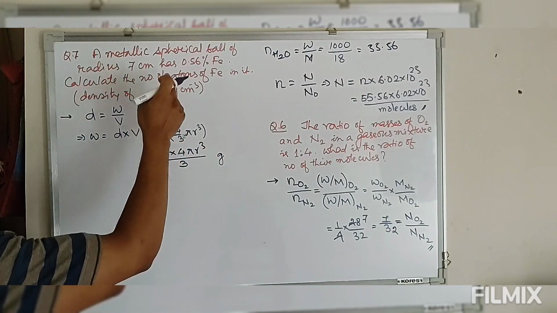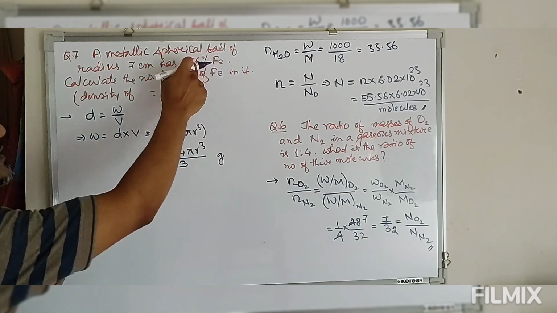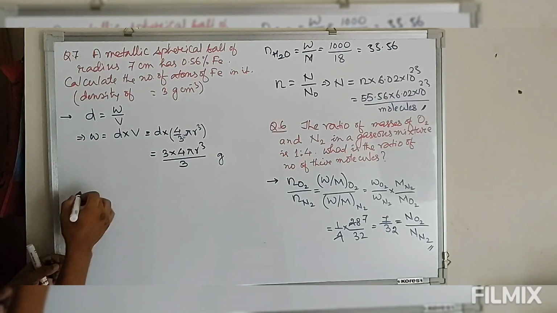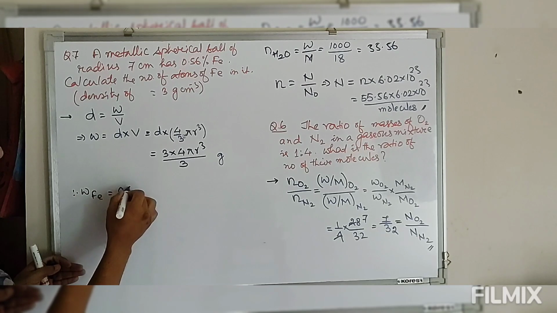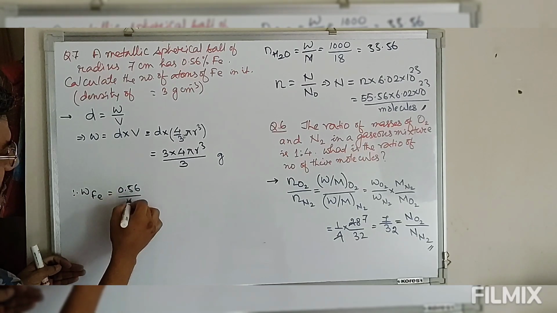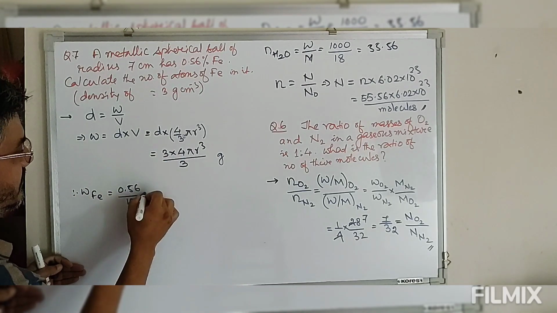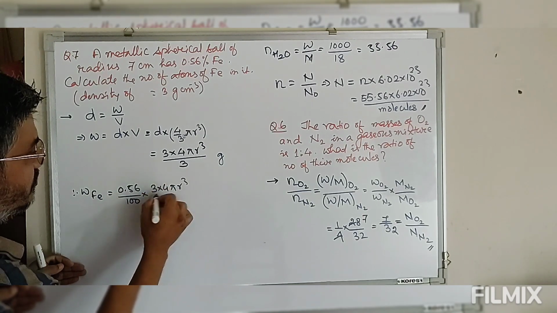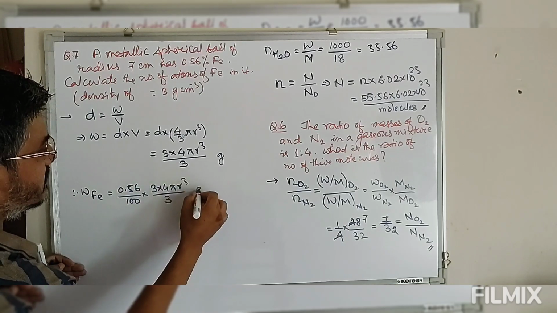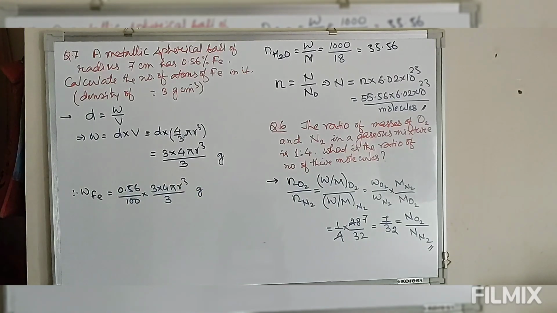Now the percentage of iron in the sample is 0.56. Therefore, the mass of iron is 0.56 of the total mass, 3 into 4 pi r cube divided by 3. This is the mass of iron.